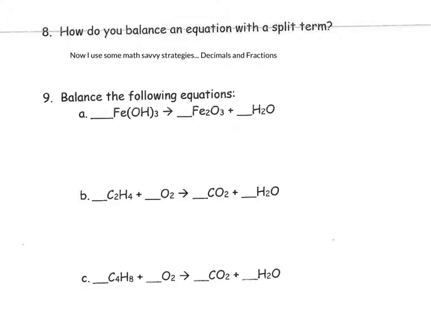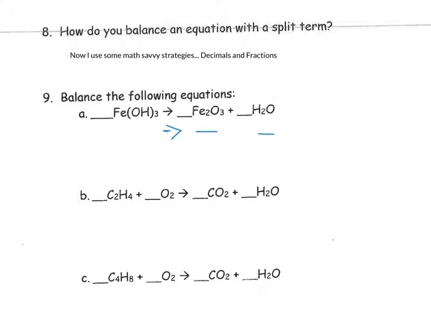Okay, what if I have a split term, which is often the case in a combustion type of reaction? So now I'm going to use some of my math savviness, some of my math strategies, and I'm going to use decimals and fractions. Okay, so here I have, on this side, iron hydroxide, and it's going to decompose, because this is a decomposition reaction, into iron 3 hydroxide and water.